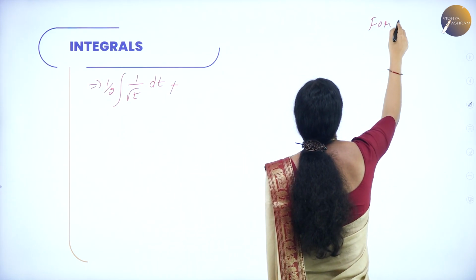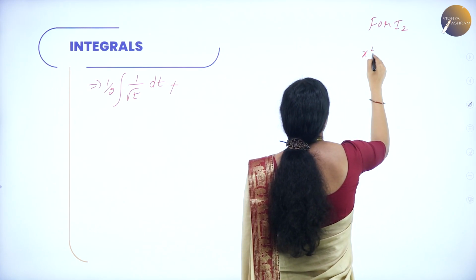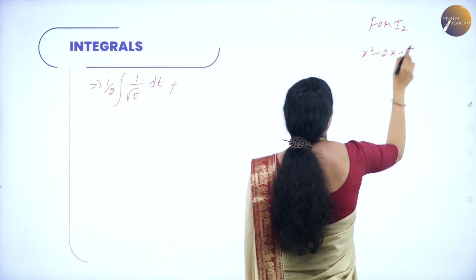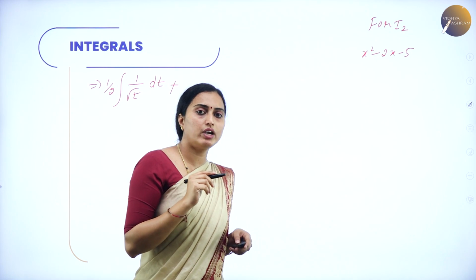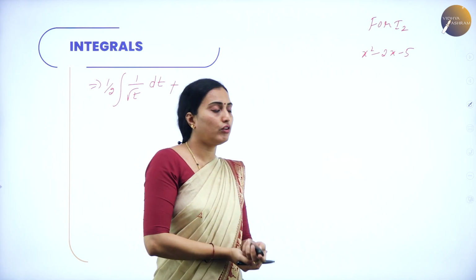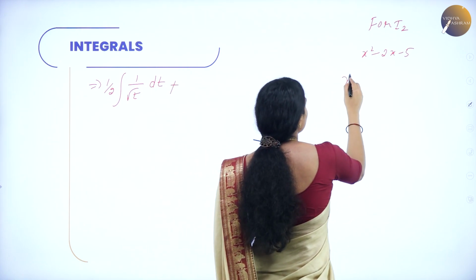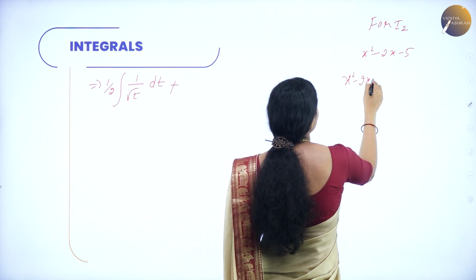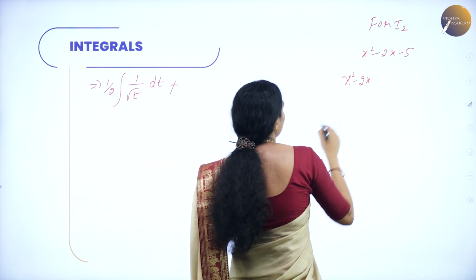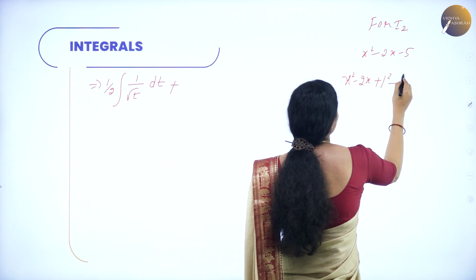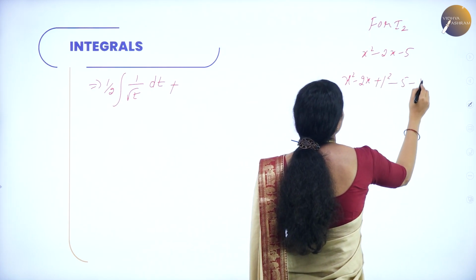For I2, take the denominator x squared minus 2x minus 5. See, the coefficient of x squared is 1. What is the coefficient of x? It is 2, and half of 2 is 1. Adding and subtracting, x squared minus 2x, half of that is 1, whole squared, minus whole squared. So minus 5 minus 1 squared.